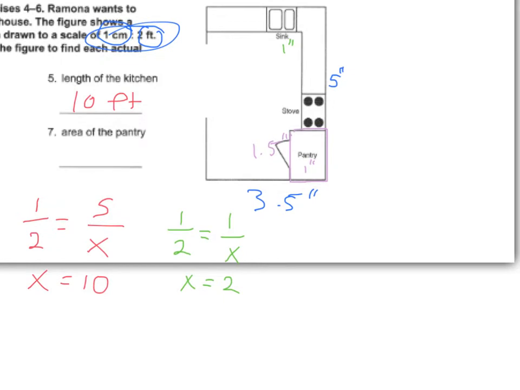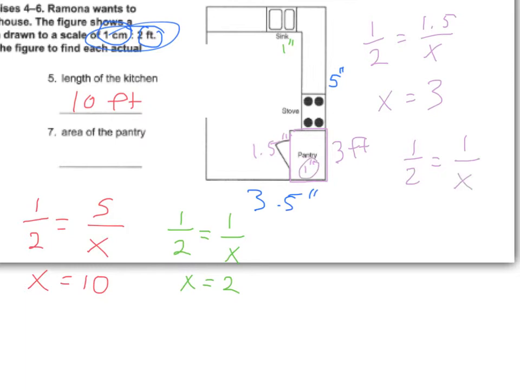Okay, so I'm going to use my ratio of 1/2. I'm going to find the length first, so 1.5 over x. X equals 3. So that means it's actually 3 feet here. And then I'm going to take 1/2, set it equal to my width, and my drawing is 1 inch, which we said right here.